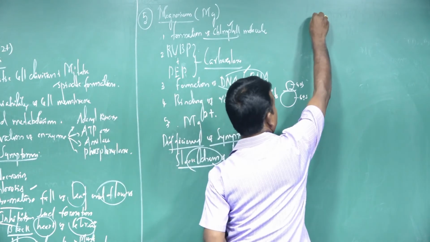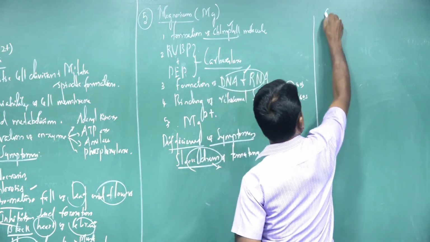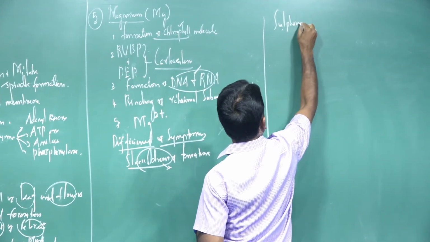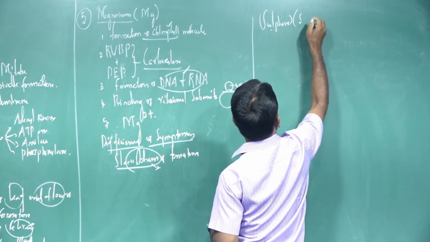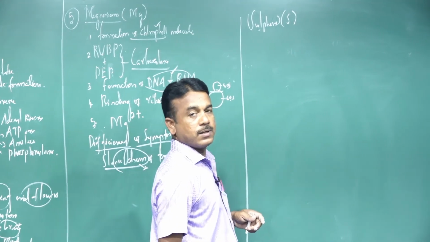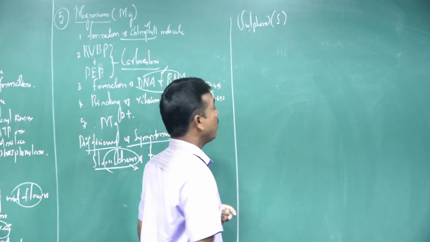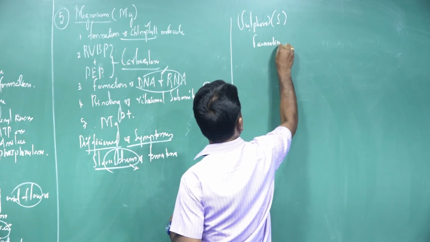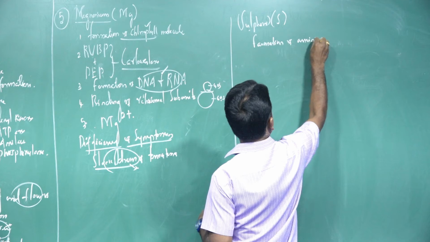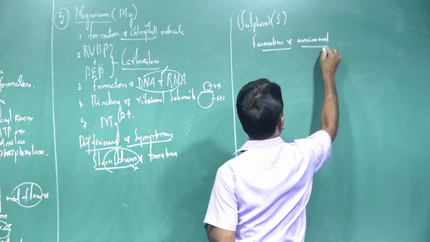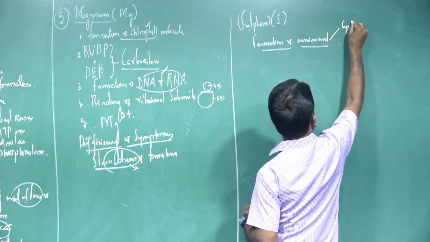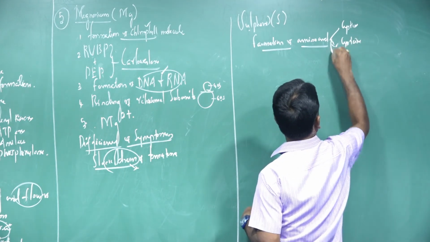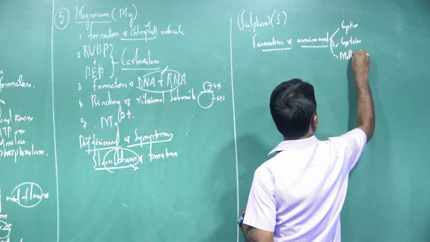Now the last element is sulfur. The chemical symbol is S. Sulfur is a basic constituent of amino acids such as cysteine and methionine.